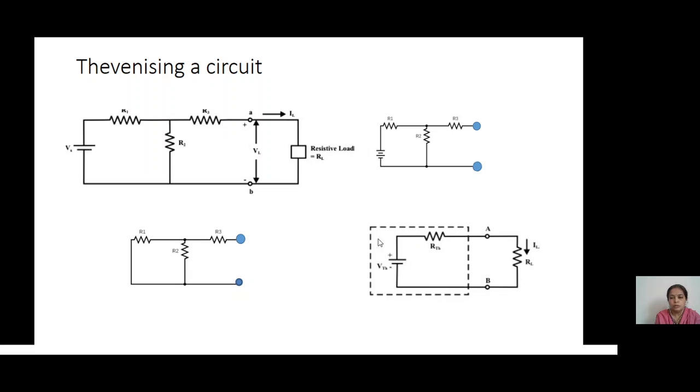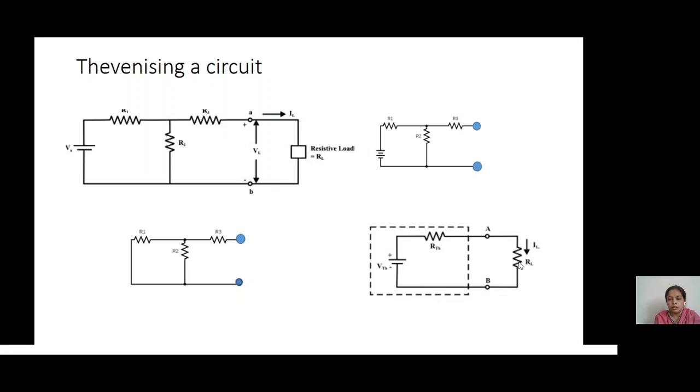So use that in the second part of the circuit. Instead of having this source, you use VTH, and instead of having three resistances, we will have a single effective resistance RTH. That becomes our circuit which replaces this circuit. Again our load is connected back to its position.